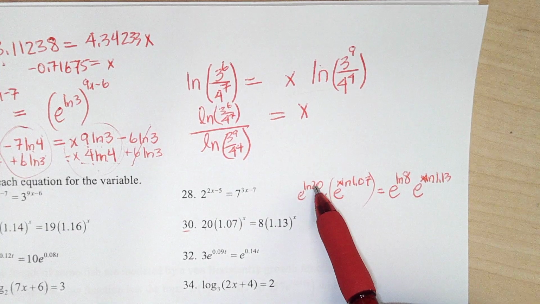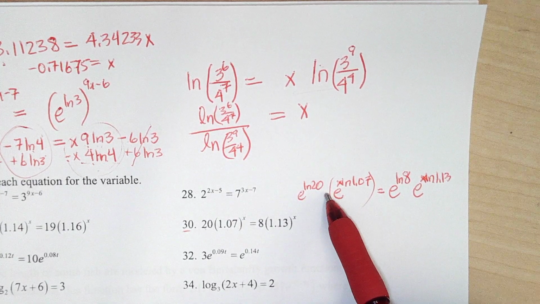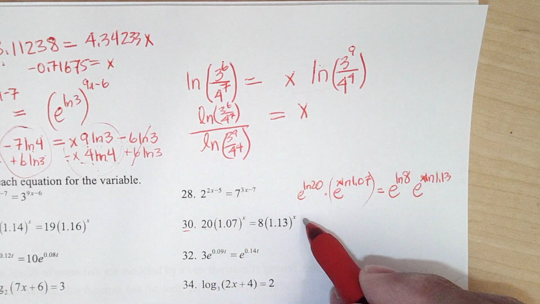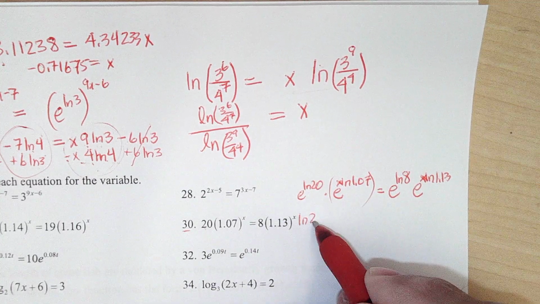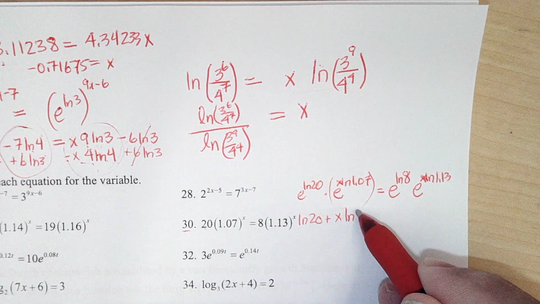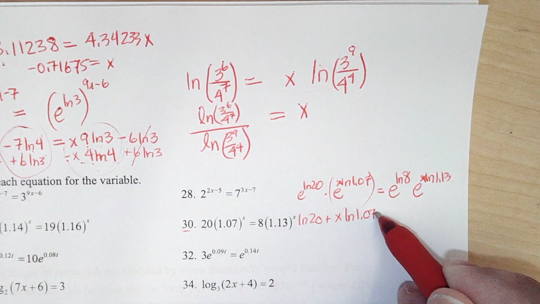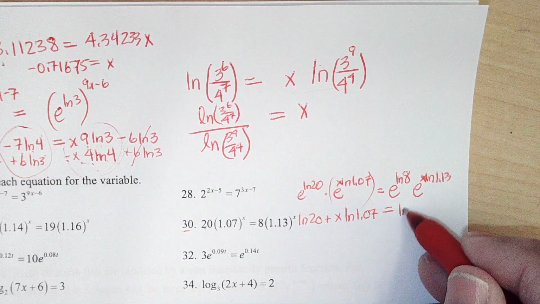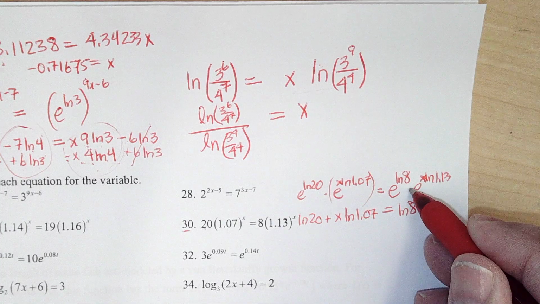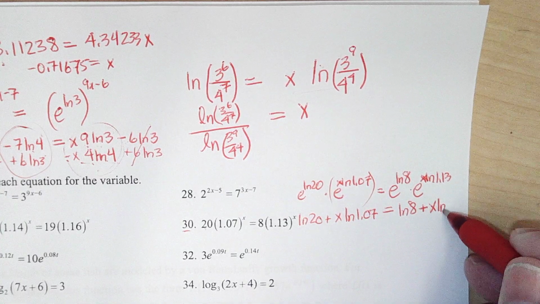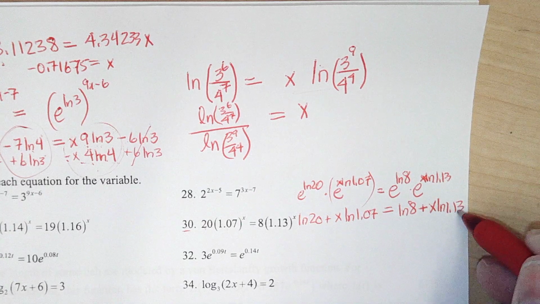So this plus, because this is multiplied, we add the powers. So this plus this, ln 20 plus x ln 1.07 should equal ln 8, multiplying, so we add the powers, x ln 1.13.